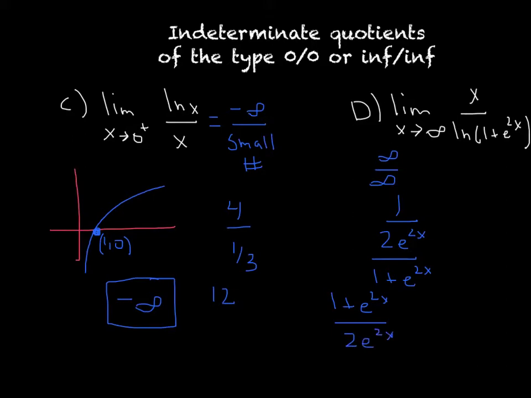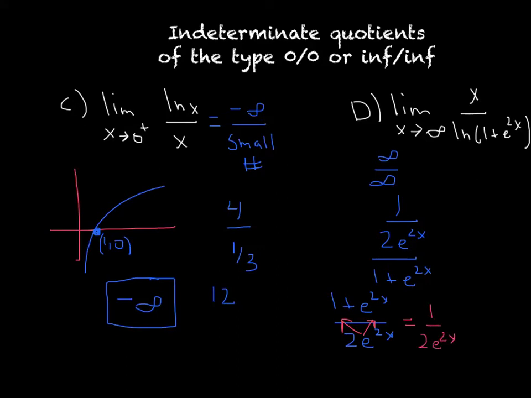All right. So now when we plug infinity in, well, there's a couple ways of doing this. One way is to plug infinity in again, and you will still get infinity over infinity. So you could do L'Hopital's rule a second time. Or you could break this up into two fractions by using a little bit of algebra. So the first fraction is going to be 1 over 2e to the 2x.